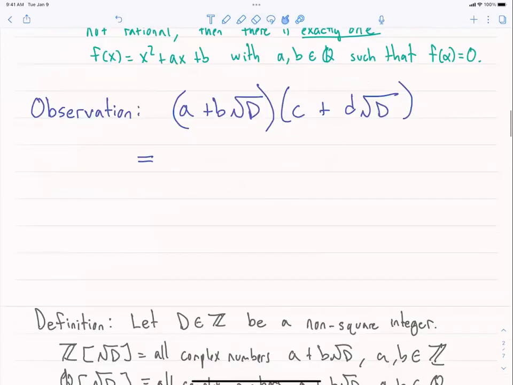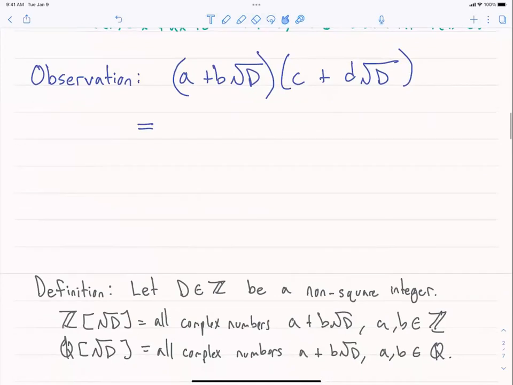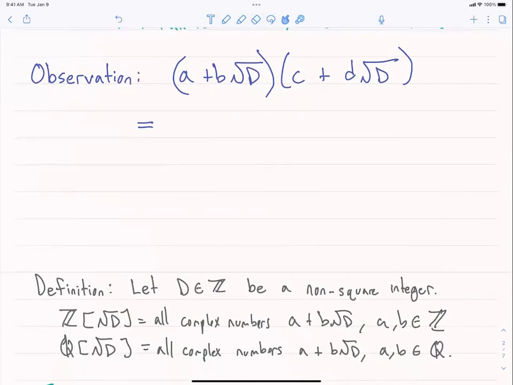Okay, so I want to make a nice observation. Before now, we've been talking about rings and doing modular arithmetic in general rings. And now I'm out of nowhere talking about quadratic integers and quadratic rationals. I mean, they're not completely out of nowhere. We've been talking about square roots a few times in the class.